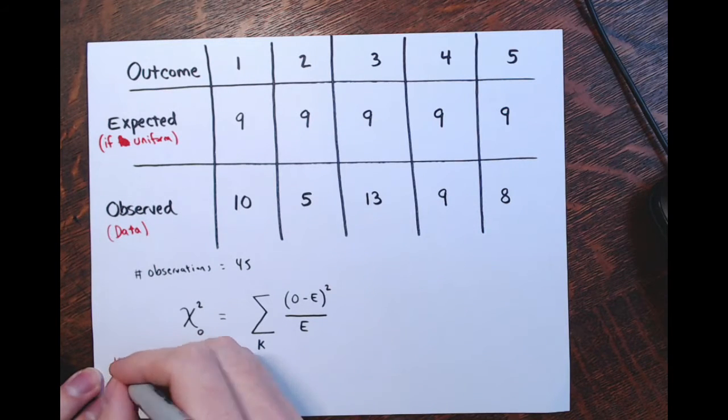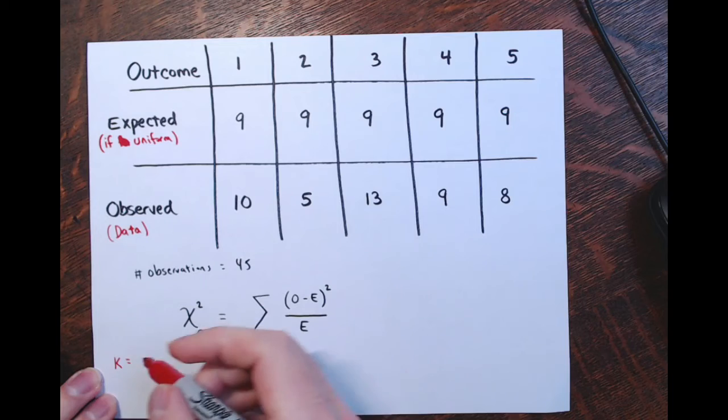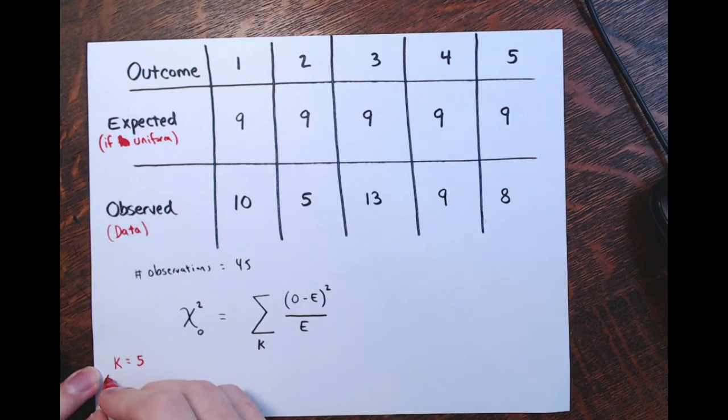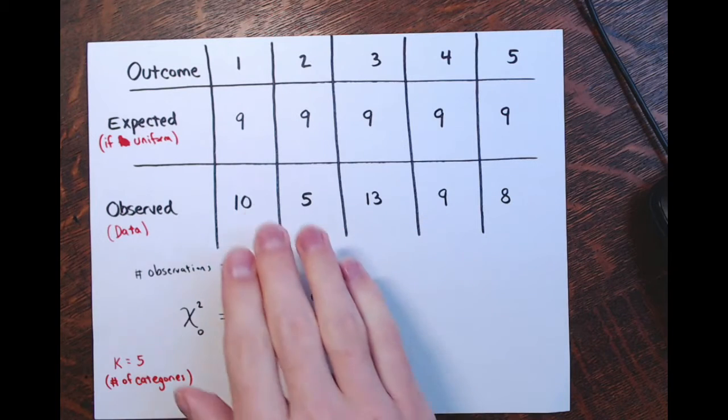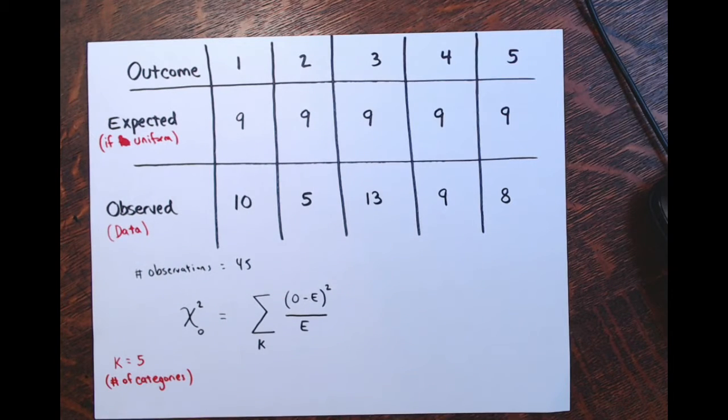So the value of k here is 5. Again, k is the number of categories, or the number of observed and expected values. There are 5 each.